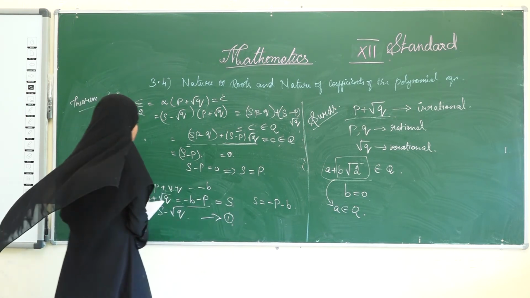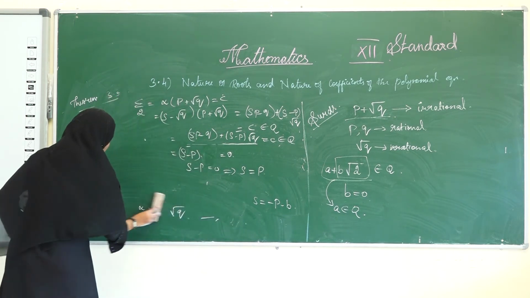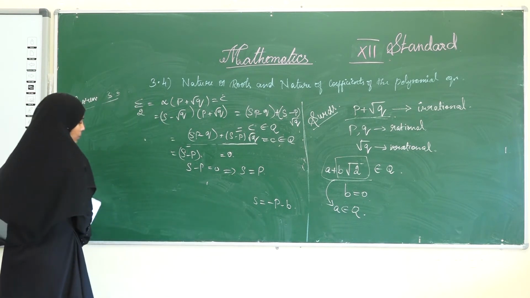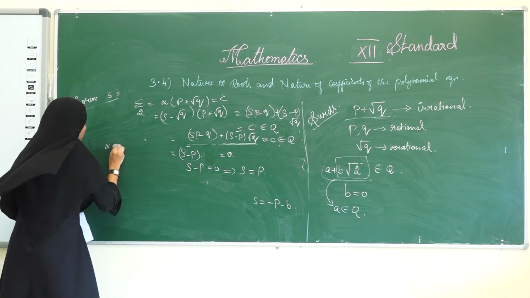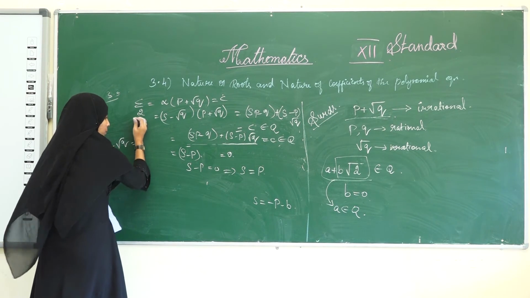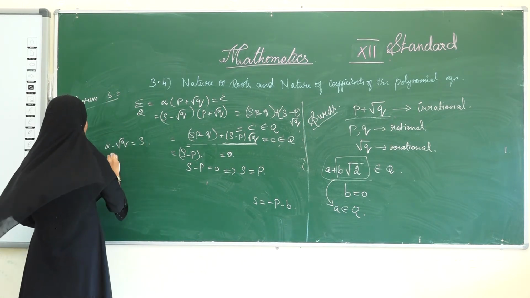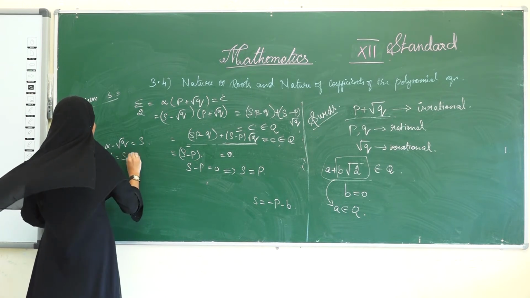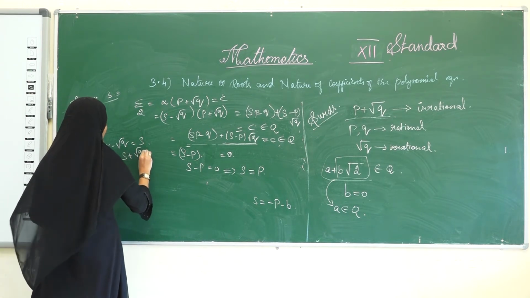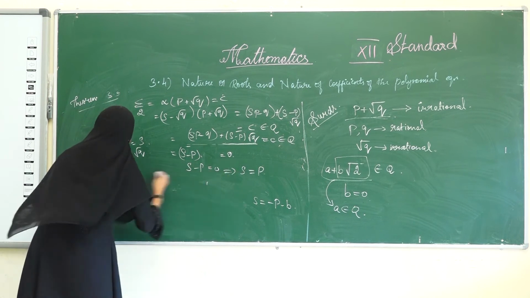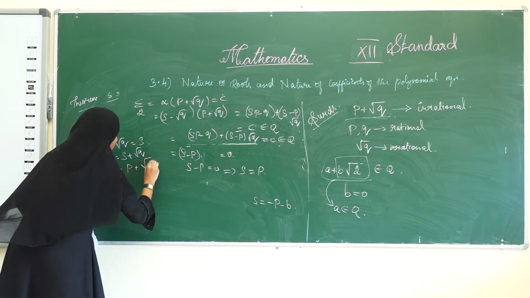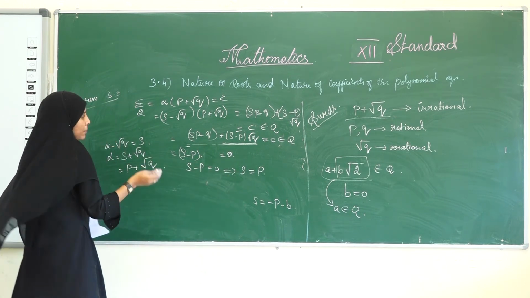So that is alpha minus root q is equal to s. This is how we got it from the first one. Therefore alpha is equal to s plus root q, that is s is equal to p, therefore p plus root q.